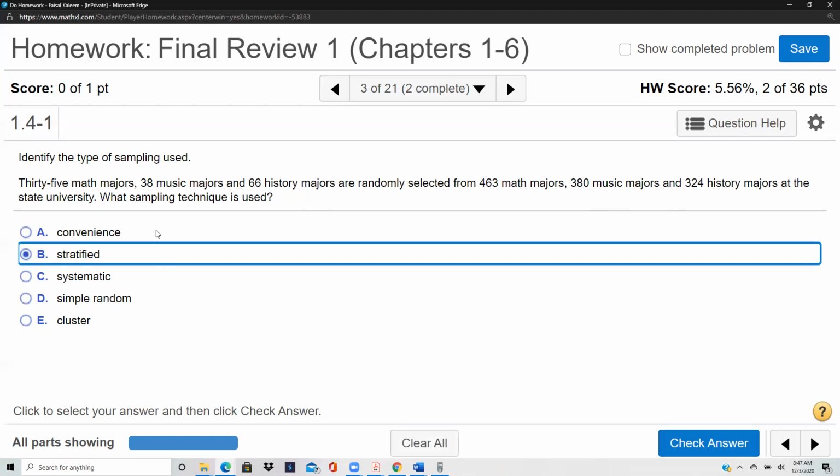So the way this could be a cluster problem is like this, for example. Let's give you the chance to tell how this could be modified into a cluster problem instead of stratified. It would start off by saying, talking about the whole groups.